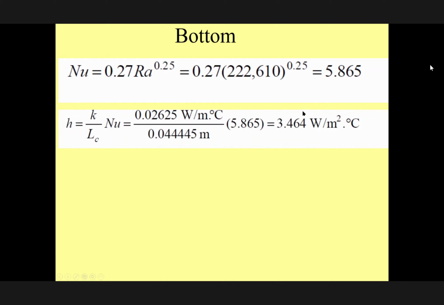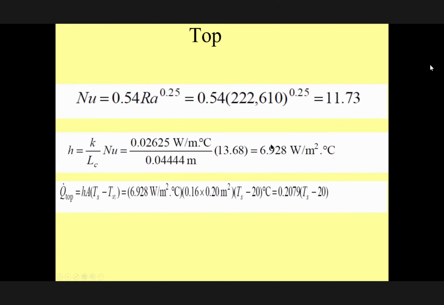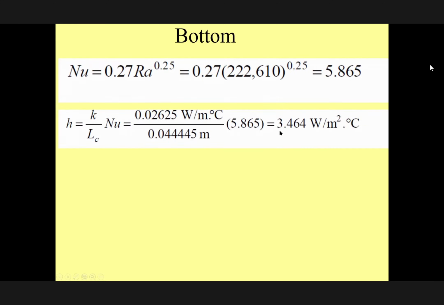The convective heat transfer here, again, for your visualization, for your understanding, look at here. Remember what it was from the top? It was 6.9. If you look at the bottom here, it is 3.1, okay?